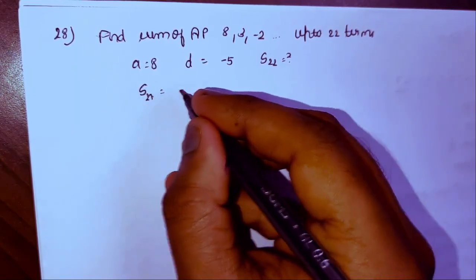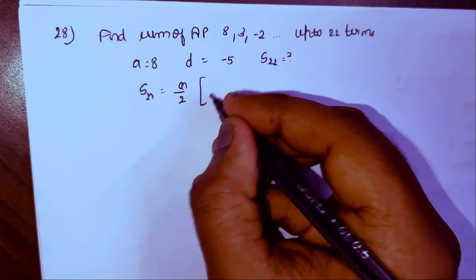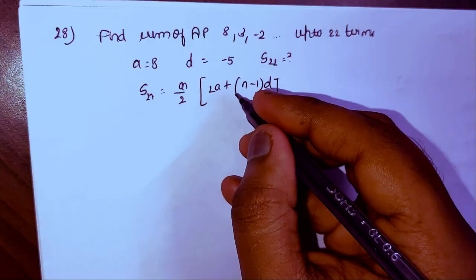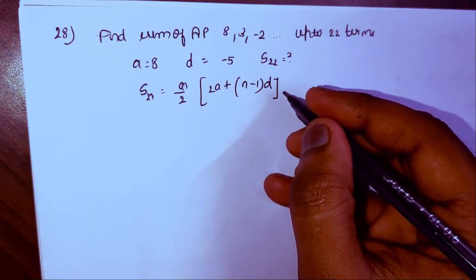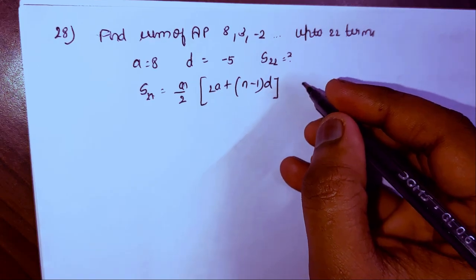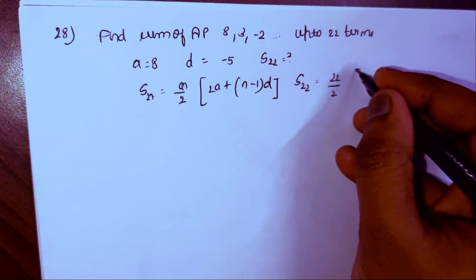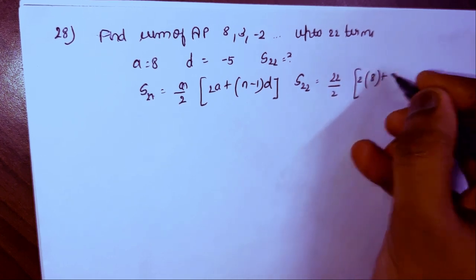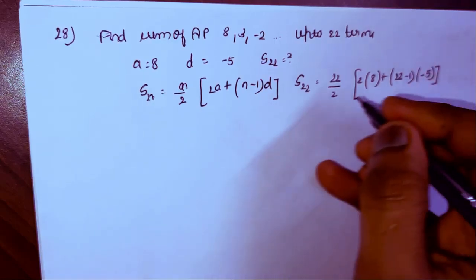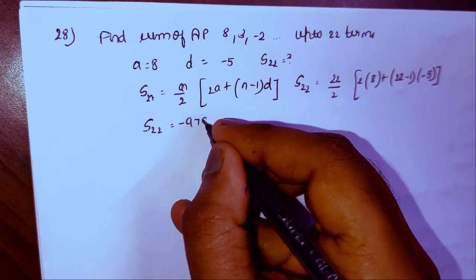We know the formula of Sn, that is n by 2 into 2a plus n minus 1 into d. Various formulas are there. Whenever the values are given, you have to identify which formula you can apply, then you apply. So S22 is equal to 22 by 2 into 2 into 8 plus 22 minus 1 into minus 5. You will get the value of S22, that is minus 979.